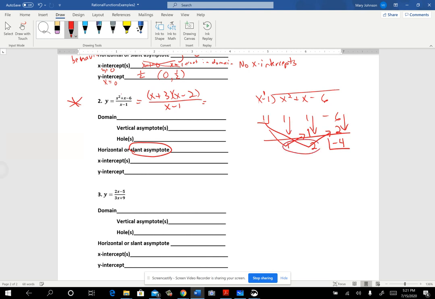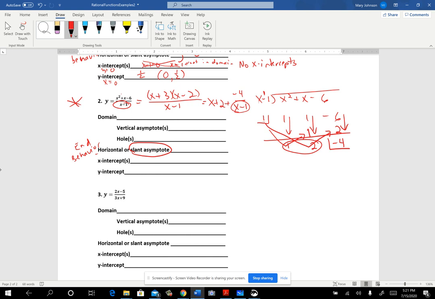That helps us to rewrite this as a quotient plus a remainder over a divisor. So this is my quotient, that's x plus 2, my remainder over what I was dividing by. These always have to match right here. Okay, now here's the thing to think about. If you're trying to find the horizontal or the slant asymptote, which is end behavior, you're looking for what happens when you plug bigger and bigger numbers in for x, bigger positive or bigger negative.